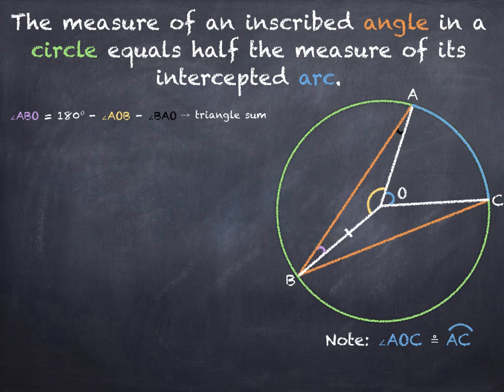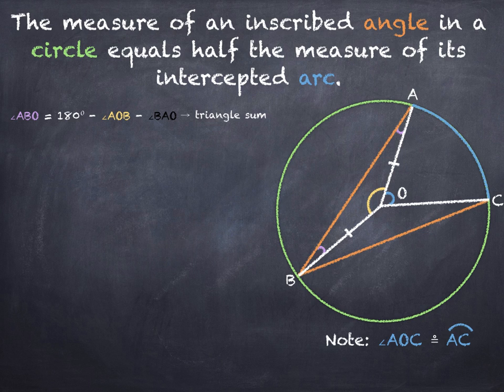So OB must equal OA. Recall our Theorem 1 of an isosceles triangle, which stated if two sides of a triangle are equal, then the opposite angles are equal as well. So we know that angle ABO must be equal to angle BAO.